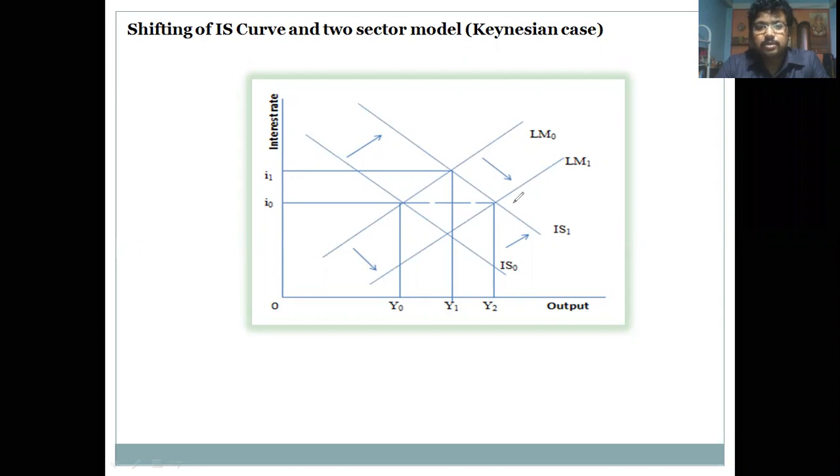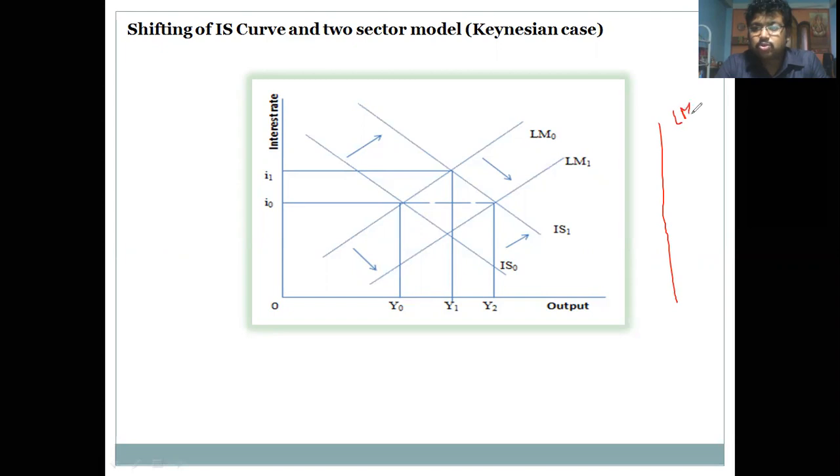If the demand for money is interest inelastic, then the LM curve will be vertical, parallel to the vertical axis.